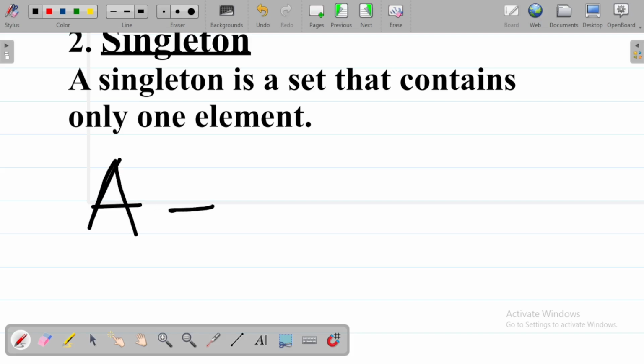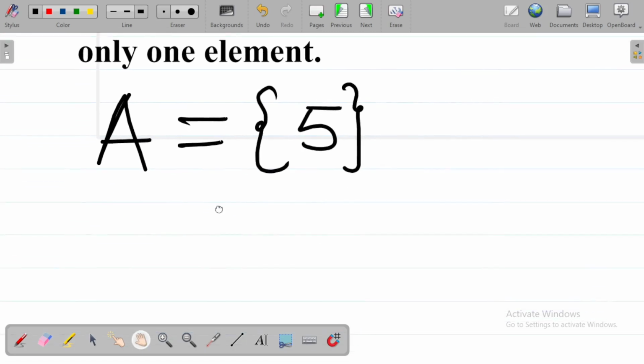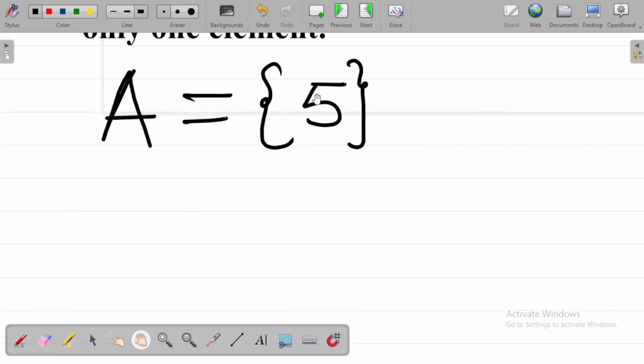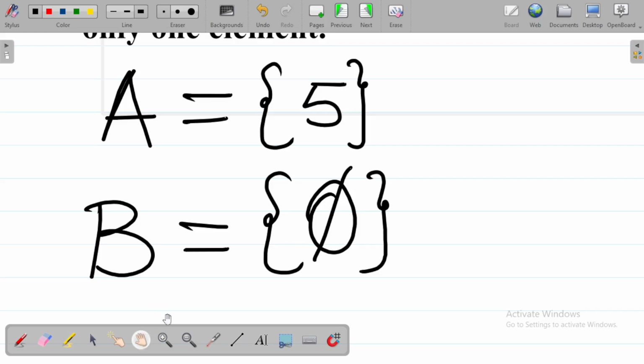If A is equal to 5, therefore A is a singleton because the only element in set A is 5. But then take note of this. If B is equal to a curly bracket with phi inside of the curly bracket, B is a singleton.